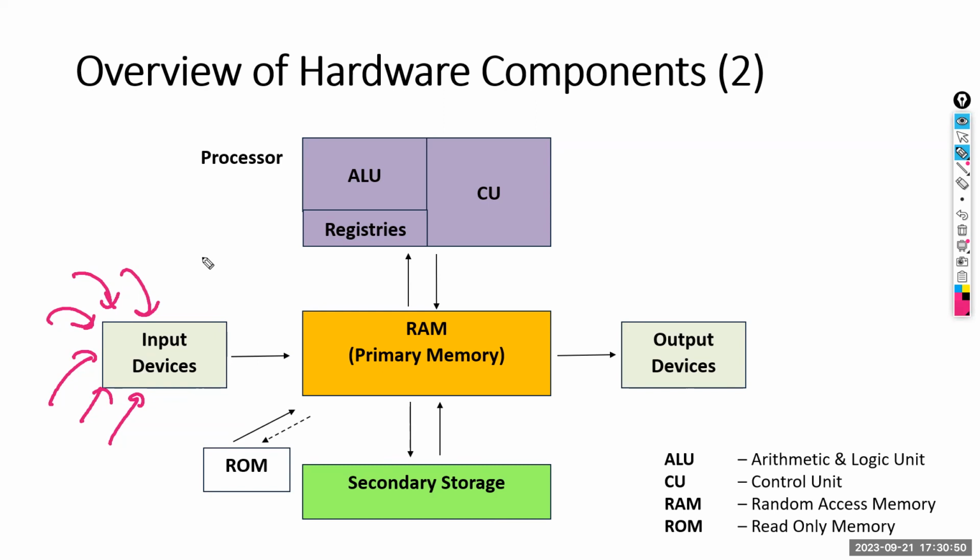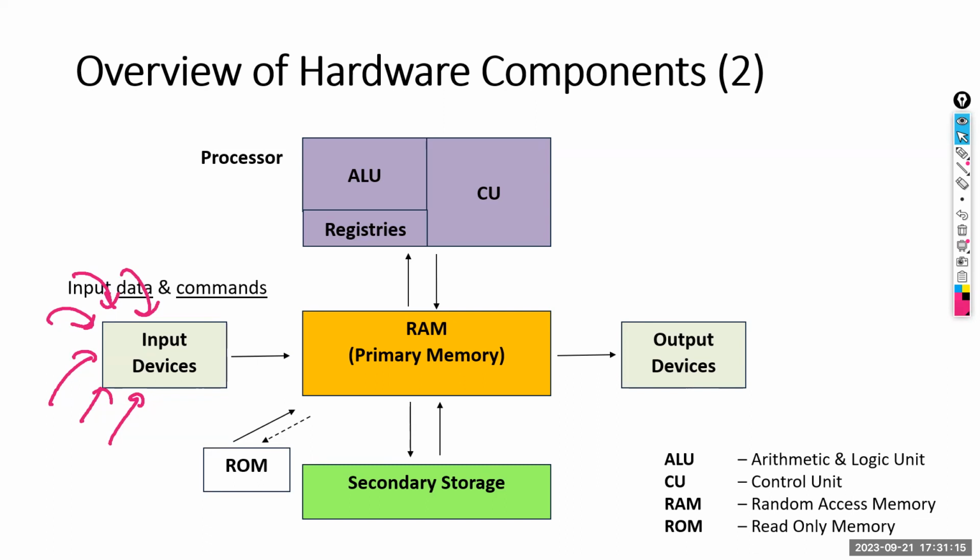Open it. So input devices are used to input data and give commands to the computer. Maybe you enter your username and password, that is input data, then you click on the login button. That is giving a command.